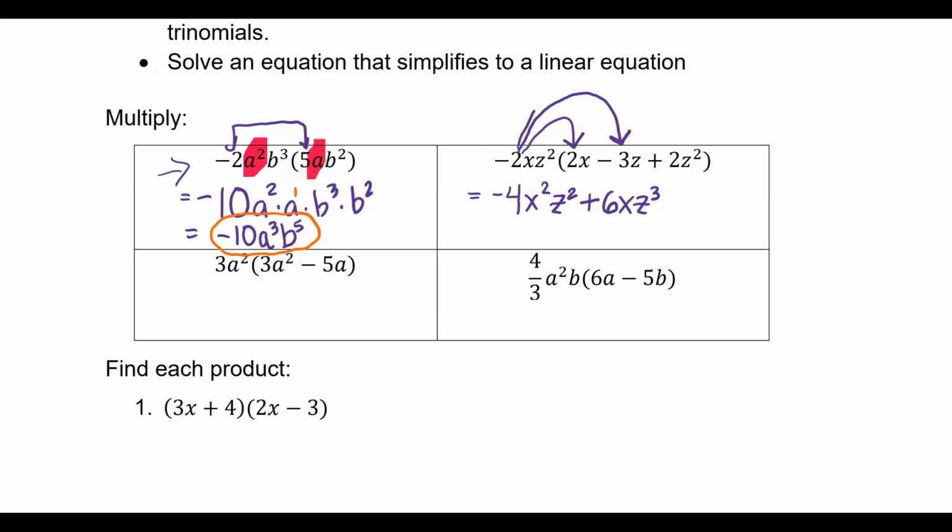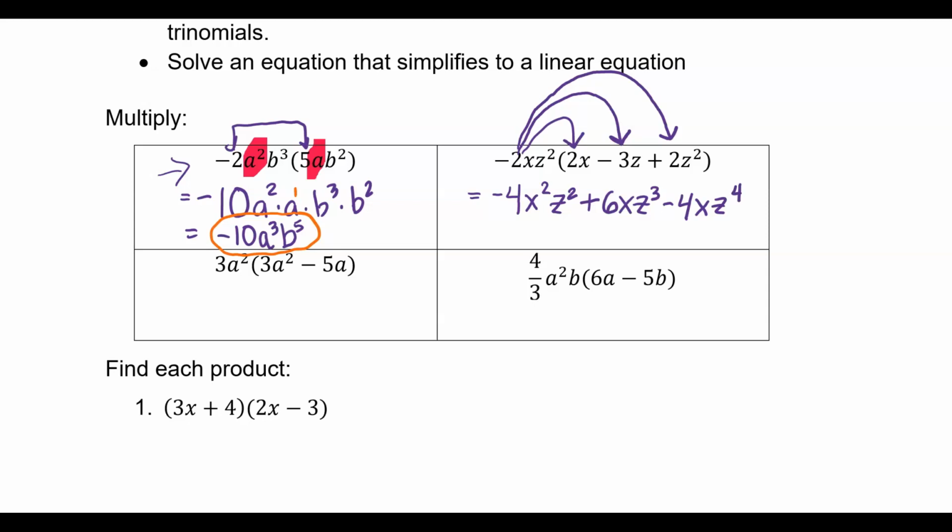Now we need to multiply negative 2xz squared times the last term here, 2z squared, which is negative 4x z to the 4th, since we have z squared times z squared. So that's the final answer for that one.